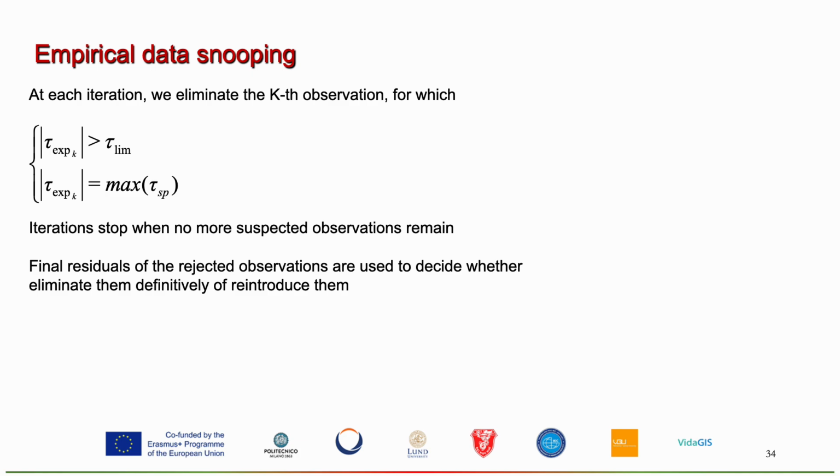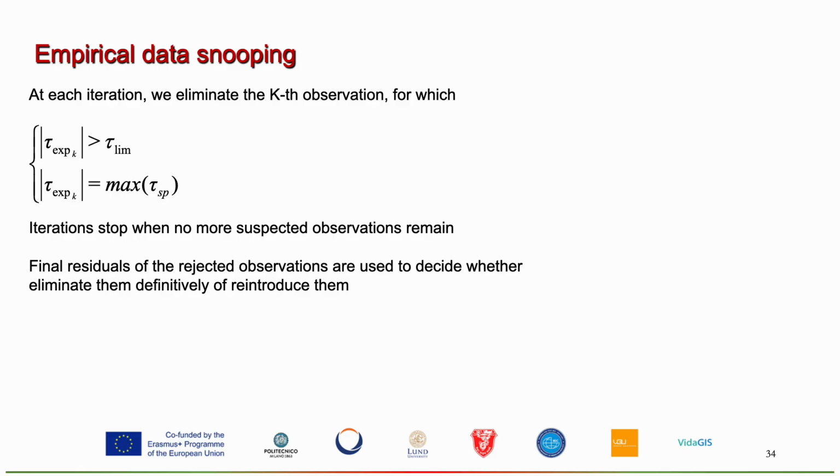Then you check where is the maximum normalized residual, and you check if the maximum normalized residual exceeds the Thompson threshold you have set up. When you have such a condition, you eliminate the biggest normalized residual without checking the others.